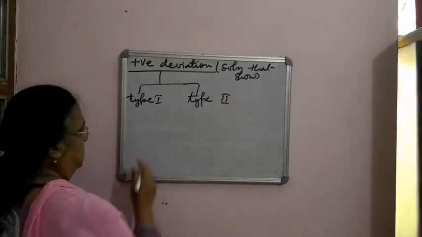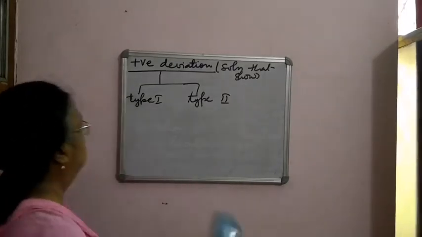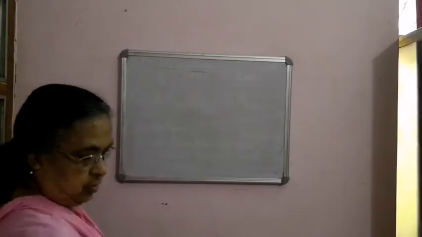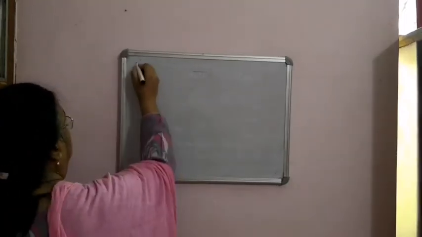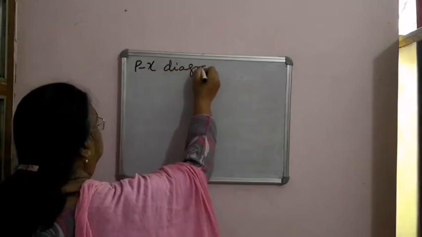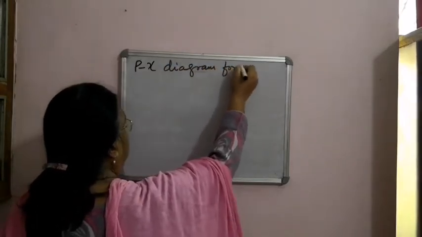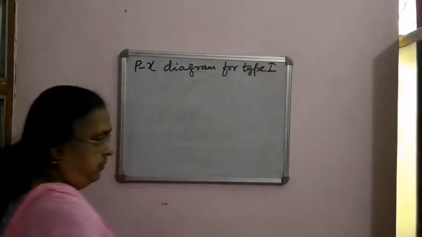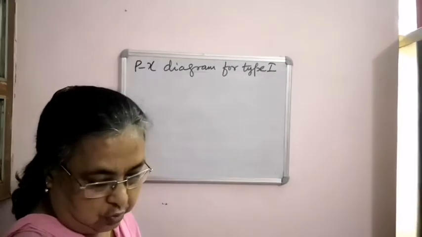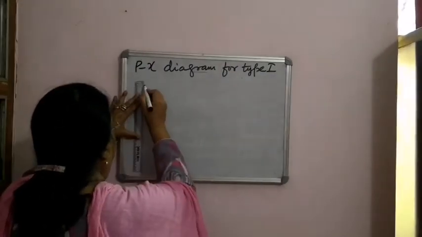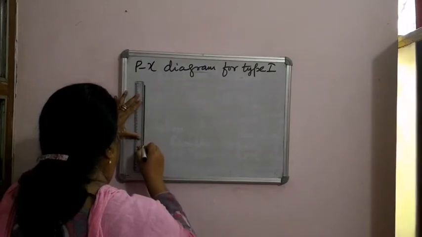If we draw the Px diagram, so we are going to do the Px diagram for type 1 solution. What is type 1? Solutions which show positive deviations. So for that you will have to plot a graph.